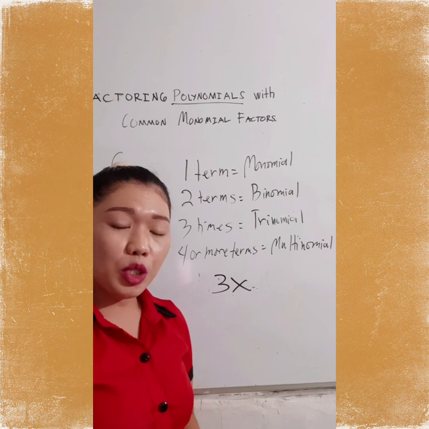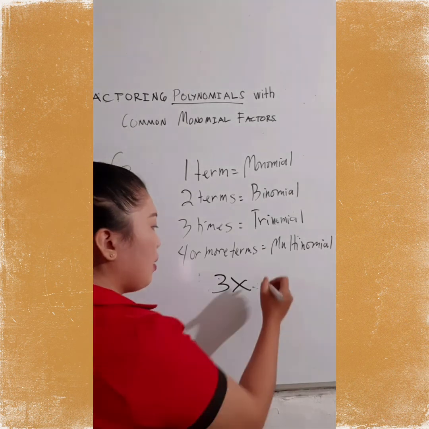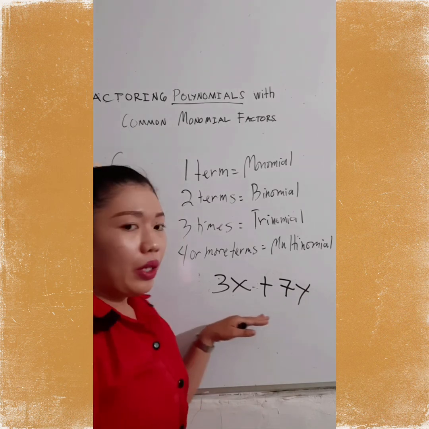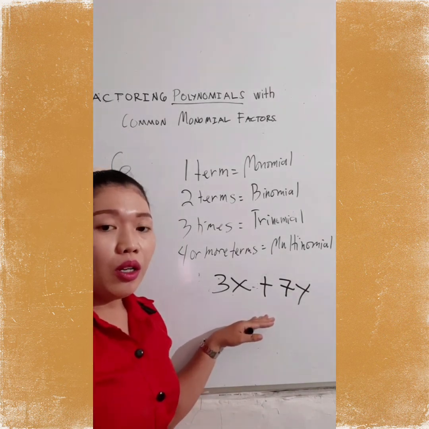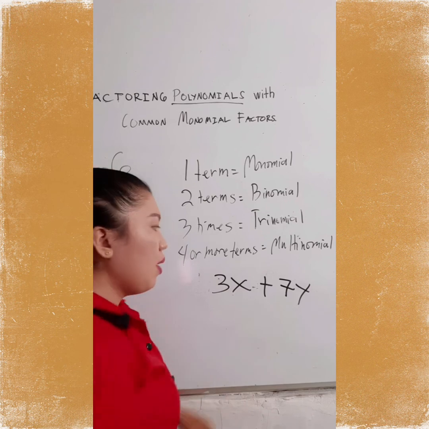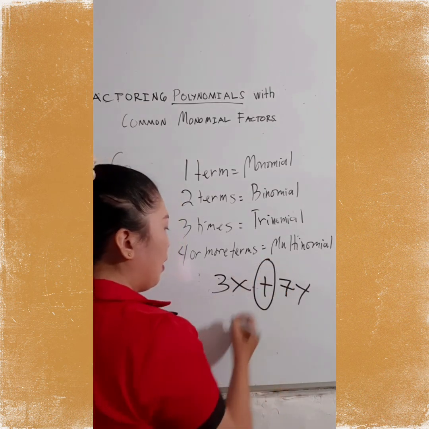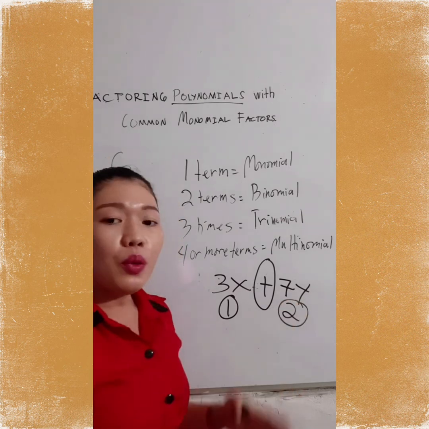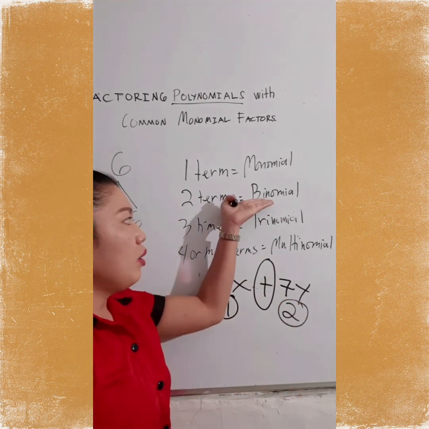However, if we have expressions like 3x plus 7y, these are what we call 2 terms because they are divided by the plus sign. So this is our first term and this is our second term. And we call this one binomial.